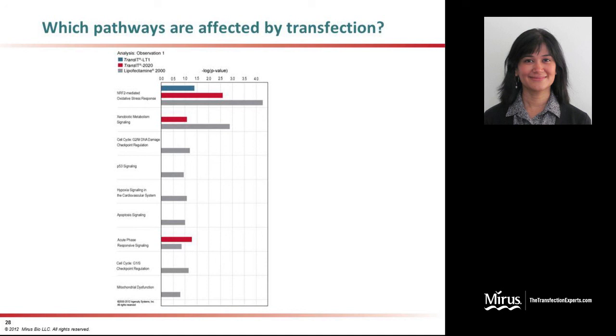Among the genes involved in oxidative stress response, that is shown here in the topmost panel, the DDIT3 mRNA expression was increased approximately 50-fold in cells that were transfected with Lipofectamine 2000, whereas it was significantly lower with cells that have been transfected with either Transit LT1 or Transit 2020.